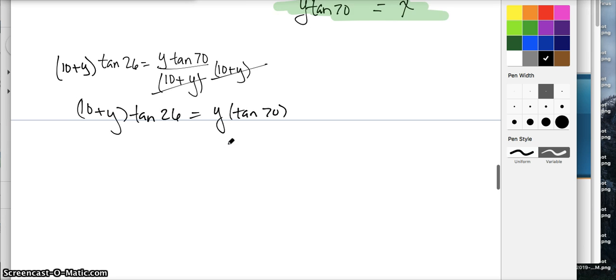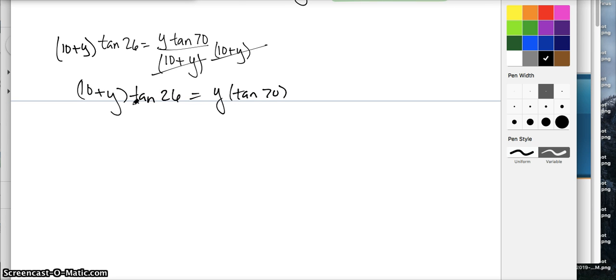Now I'm going to use the distributive property: 10 tangent 26 plus y tangent 26 is equal to y tangent 70.